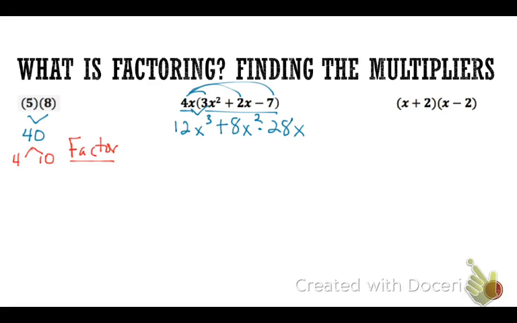So we have multiplied those two together. Now in this unit, we are going to learn a process where you work backwards. Start here and then you factor out, divide out a common term, multiplier.